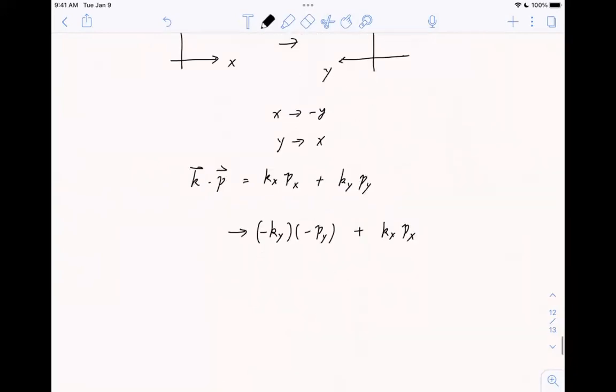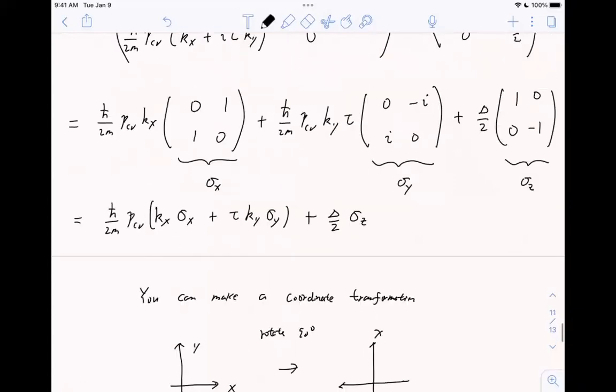So basically you just get the same thing. Okay, so it's a bit trivial. What do you mean? Basically you can flip X and Y, because both of them carry the same sign.